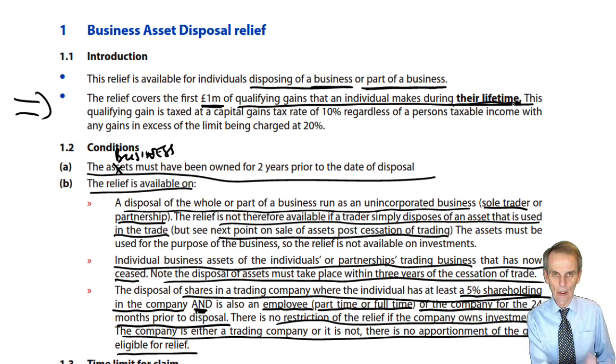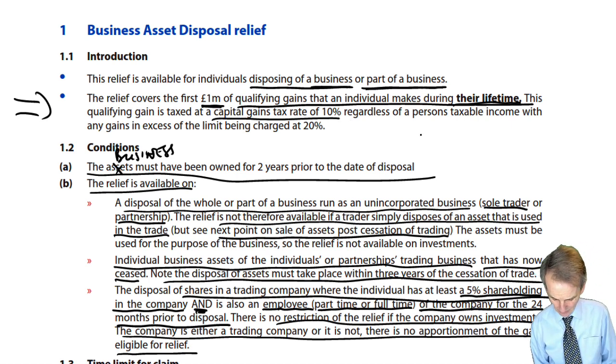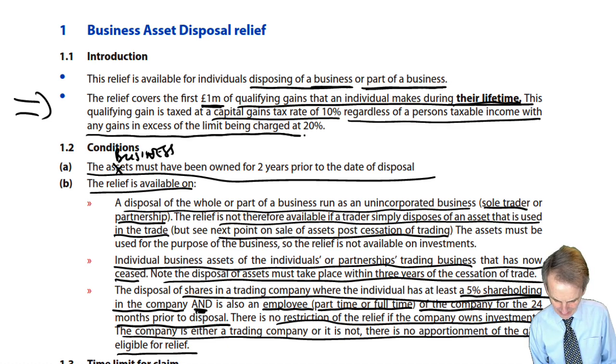If there have been earlier gains that have qualified, that have reduced what would otherwise now be a 1 million limit to something lower, you will be told in the question about those earlier gains, and you just remove that from the 1 million, and the balance that remains is then the gain eligible for this relief. The qualifying gain, as we know, is charged at a CGT rate of 10%, regardless of a person's taxable income, with any gains in excess of the limit being charged at 20%.